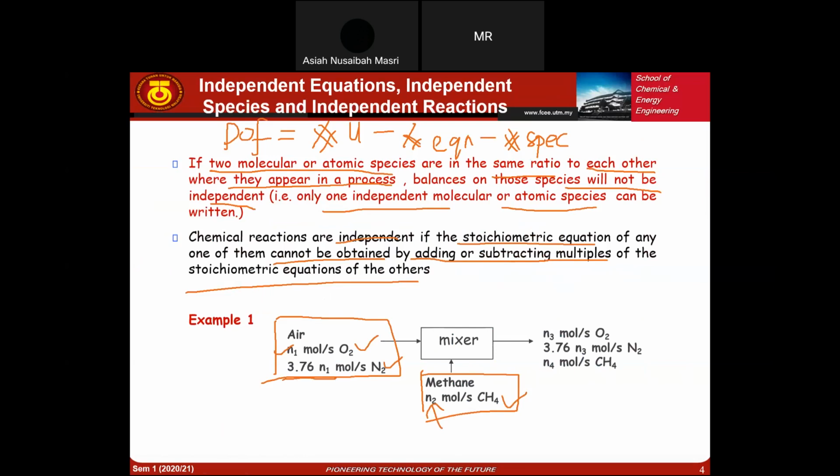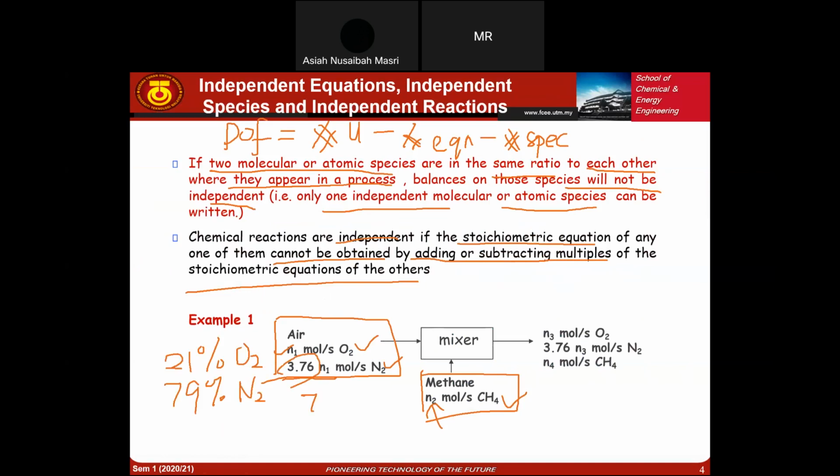Where does this 3.76 come from? We know that generally air consists of 21% oxygen and 79% nitrogen. So how much is the ratio between nitrogen and oxygen?